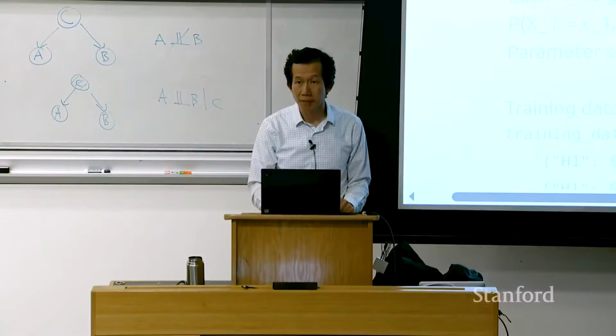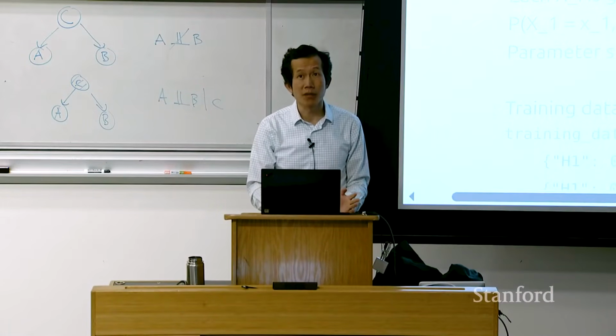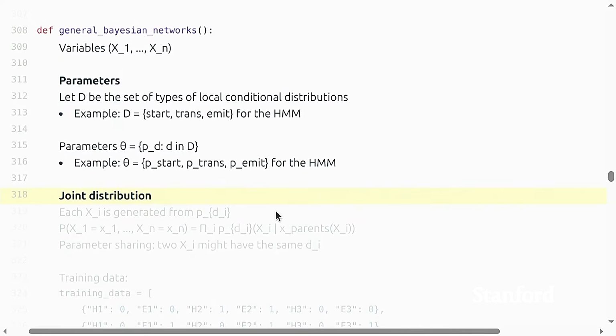Okay. So now the joint distribution is given as follows. I have variables x1 through xn. For every xi, di is going to be the element of D that tells me which local conditional distribution to use.